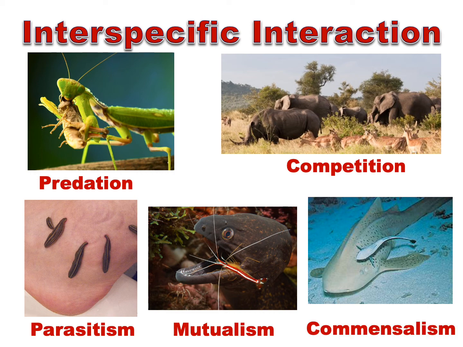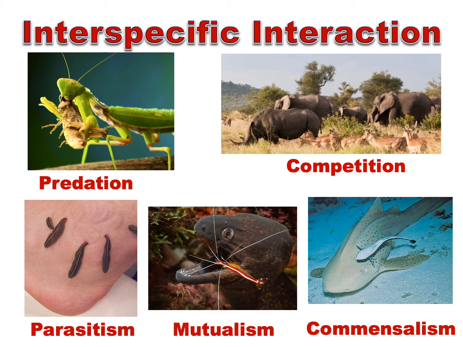The final type of interaction we're going to look at is called commensalism. Commensalism is an interaction considered to be beneficial for one species, but is neither beneficial nor detrimental to the other. In this case, if you're looking at the picture, you see a shark and what looks like some type of fish that is probably cleaning the shark.